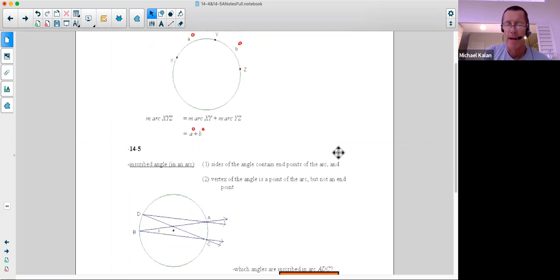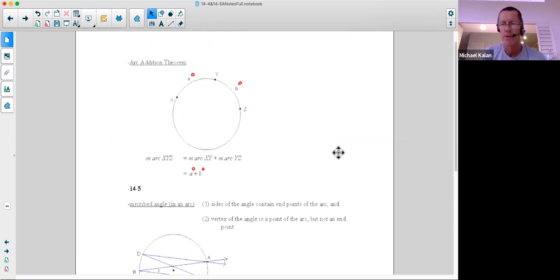That's really it for 14.4. So quick lesson, and then we'll go do some practice on that, and then we'll jump into 14.5. All right, quick one.